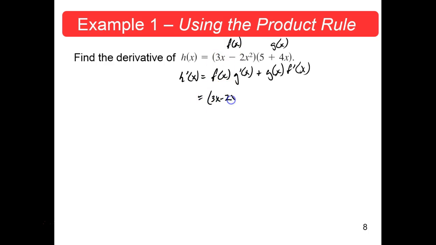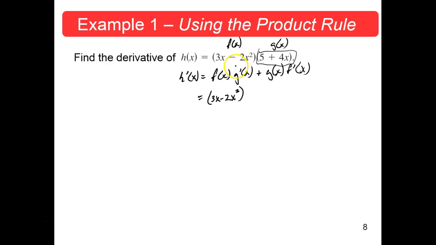3x minus 2x squared. What's your g prime of x? No, that's g. What is g prime? Take a derivative of that. Not that hard. Derivative of this thing right here.